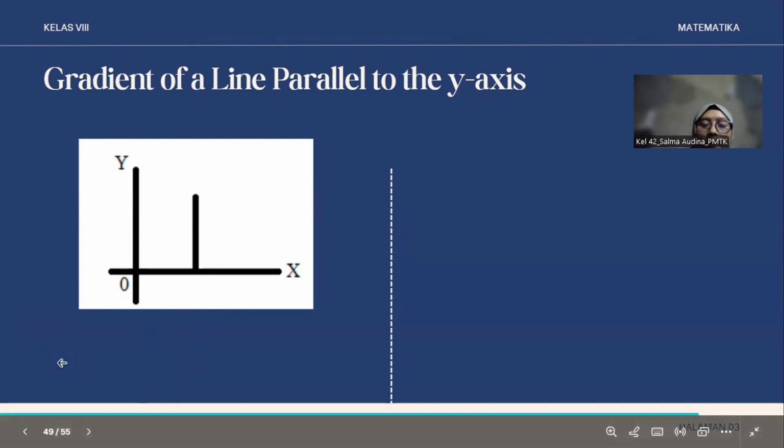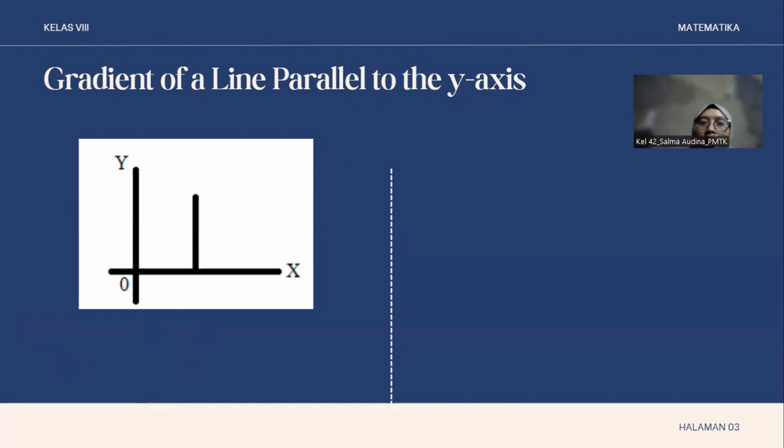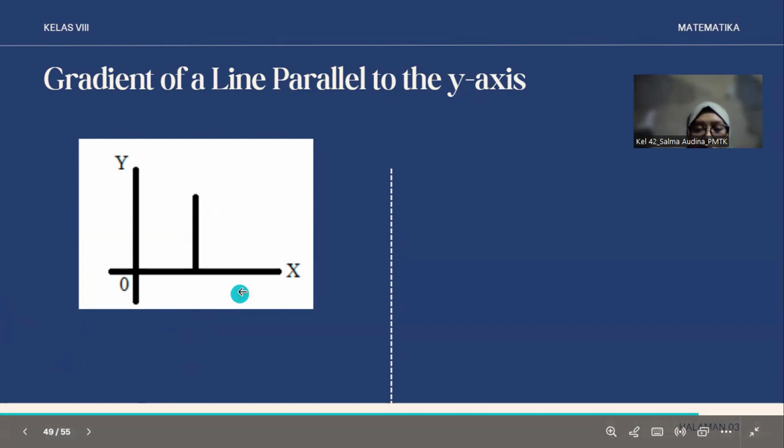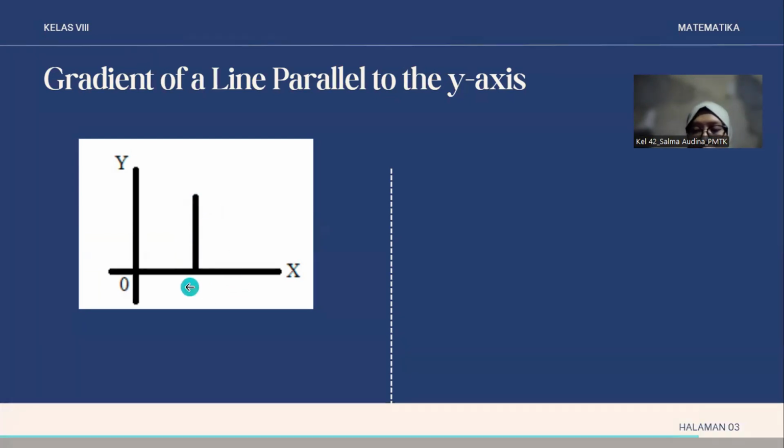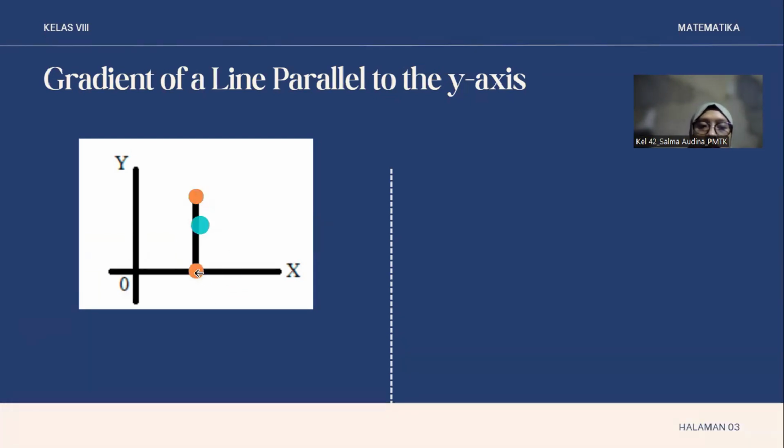The fourth formula is for the gradient of a line parallel to the y-axis. Let's see the picture. This is the line, and then this is 2 points on the line.